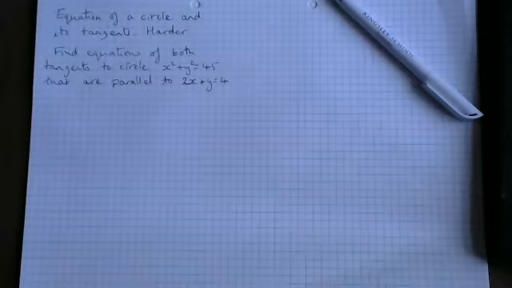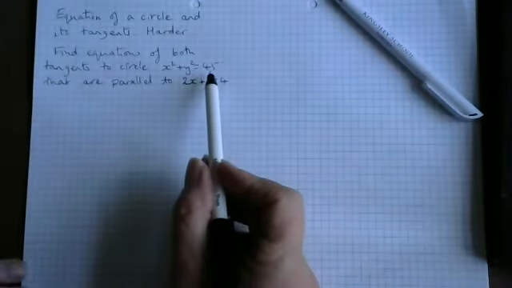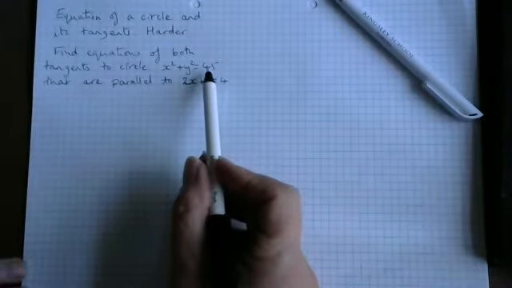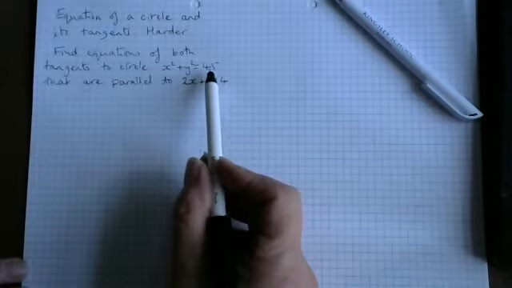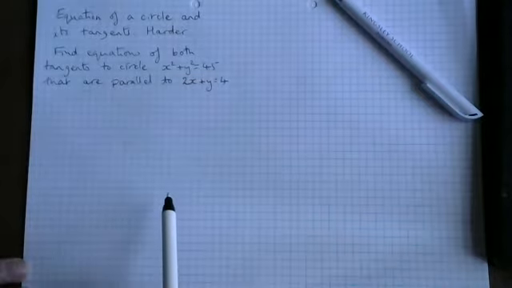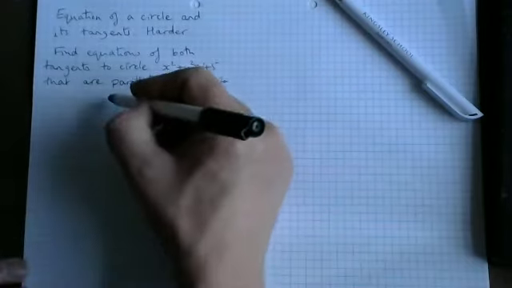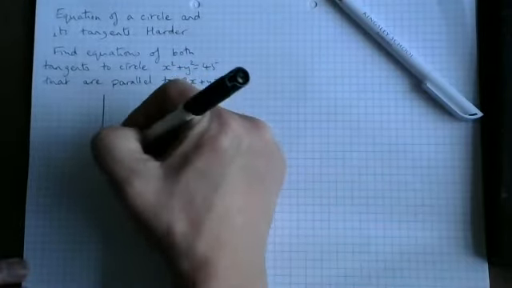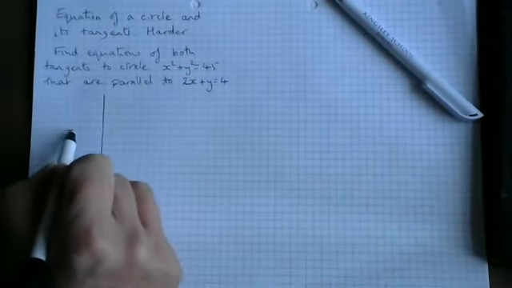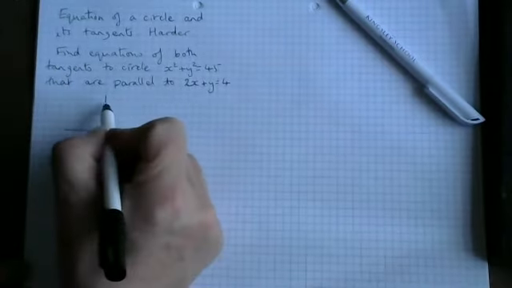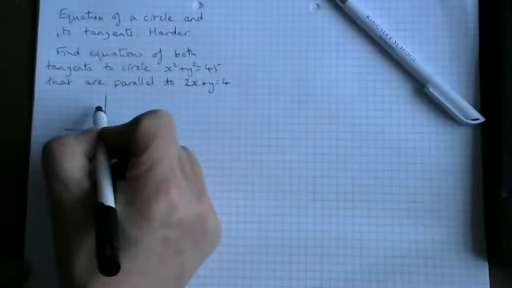That looks difficult. So let's draw a very quick picture. X squared plus y squared equals 45. So the radius is root 45, which is a bit less than 7. So we've got a circle with a radius that's a bit less than 7.